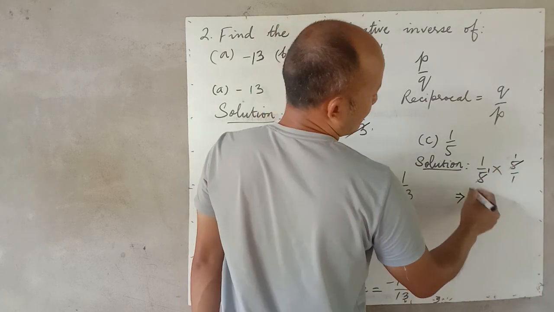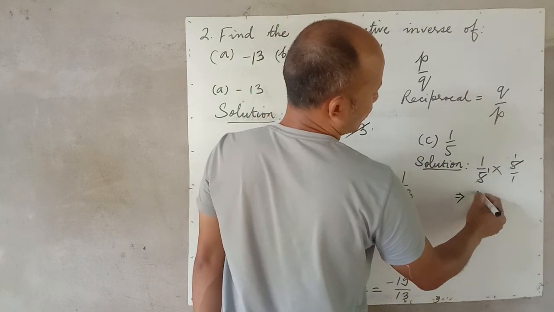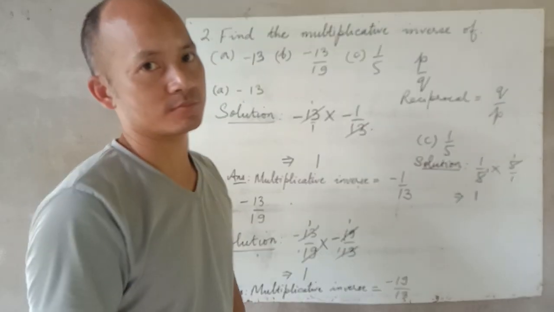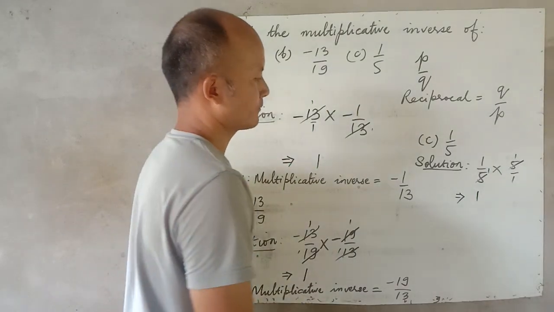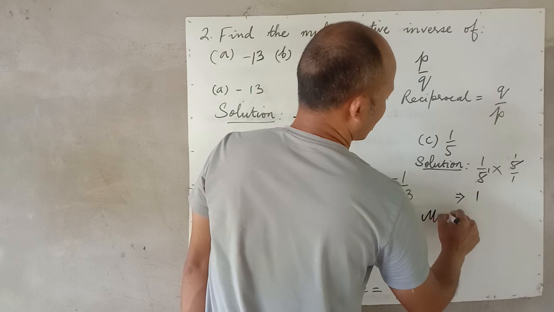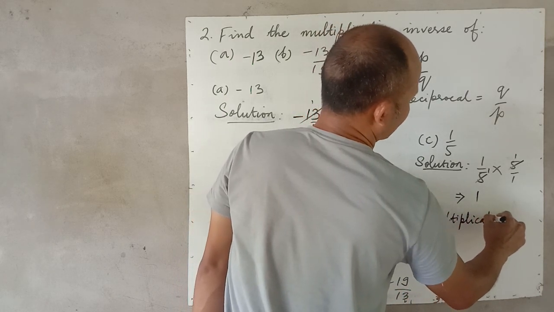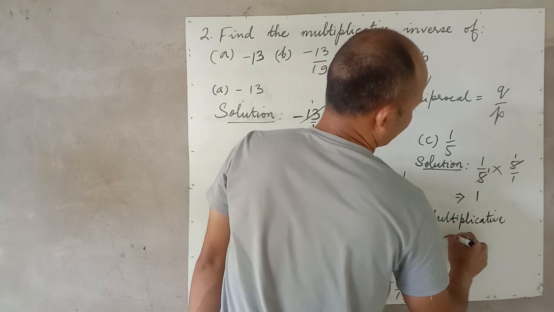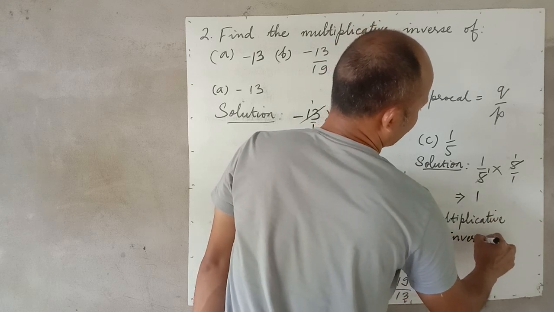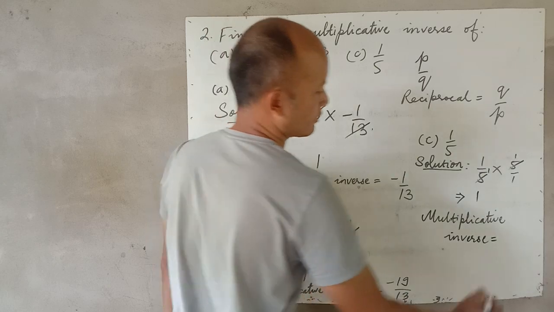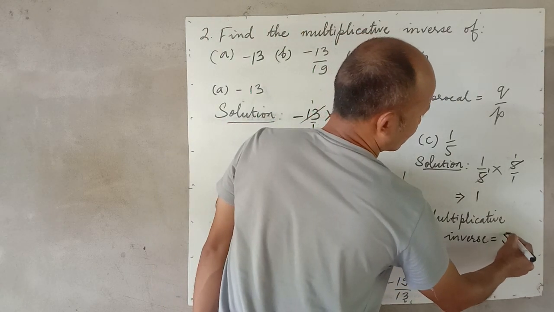Now 1, 1 is 1. Their product becomes 1 again. Now multiplicative inverse equal to 5.